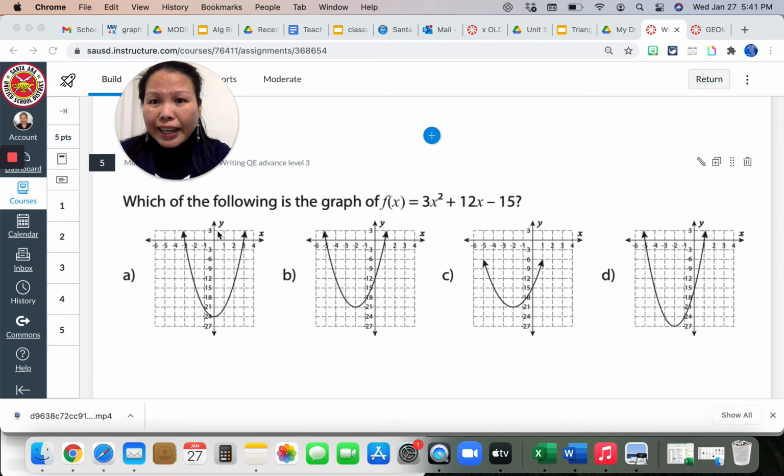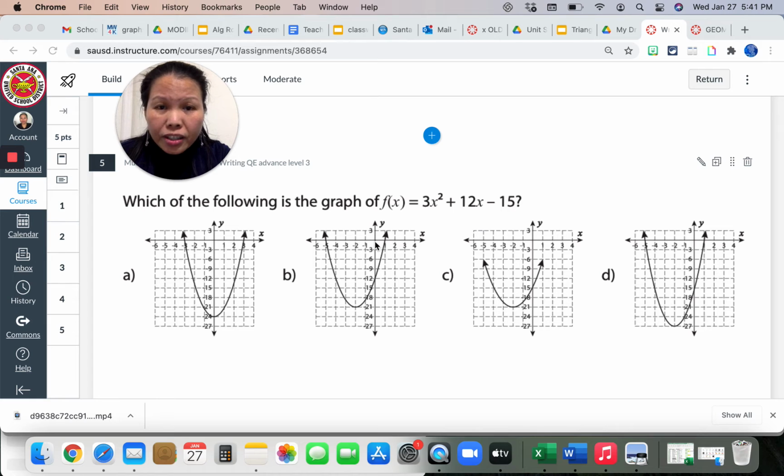So let's take a look at A. We are going from 0, the origin for x, down to the y-intercept, which is negative 24. Get rid of that. Educated guess, it's not A. How about choice B?